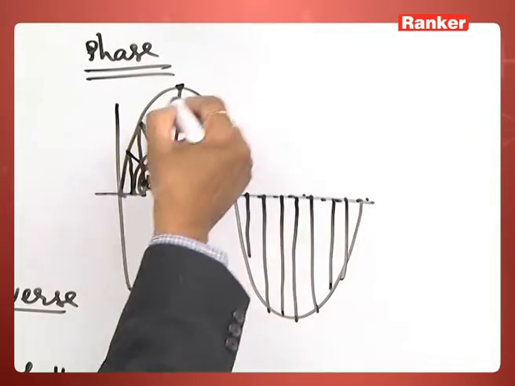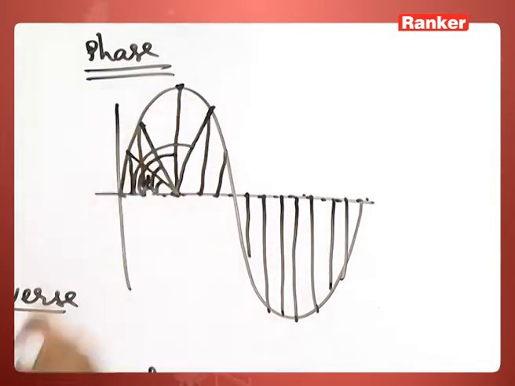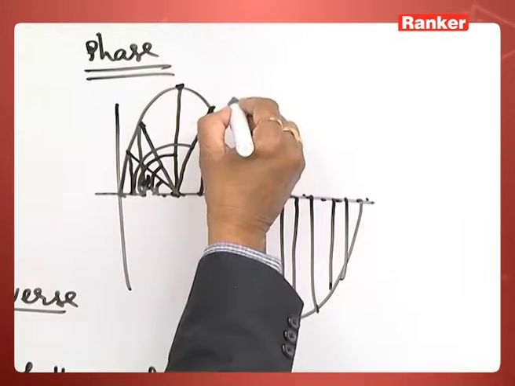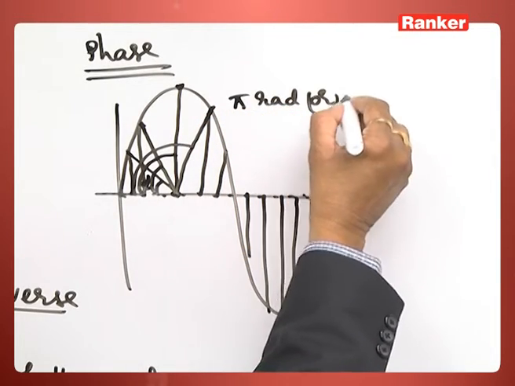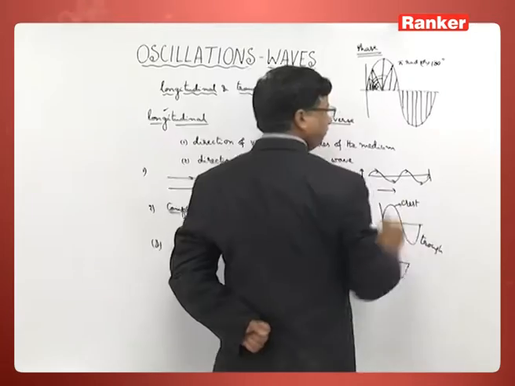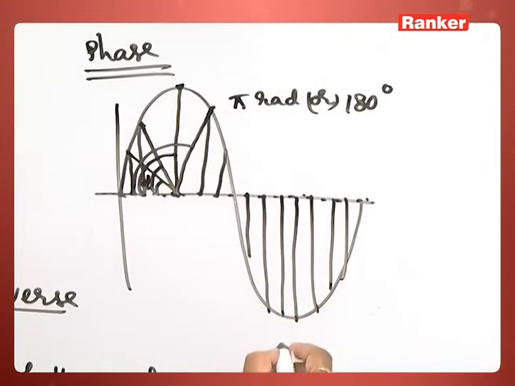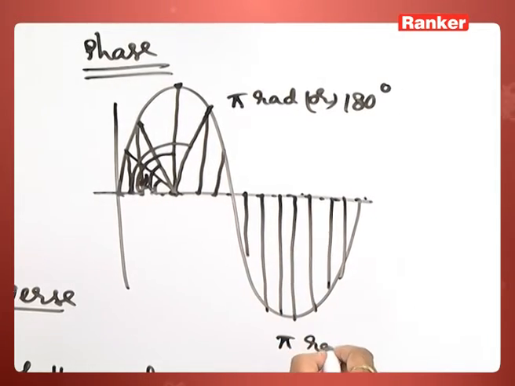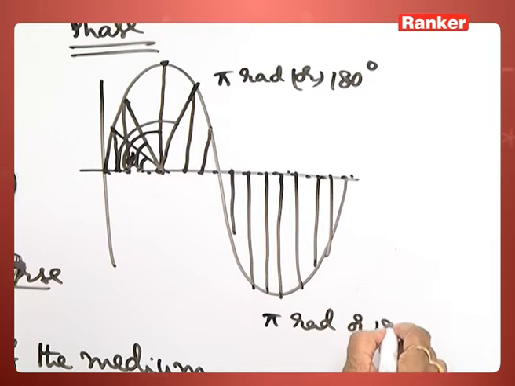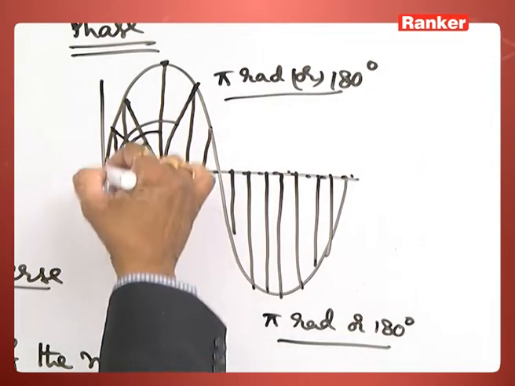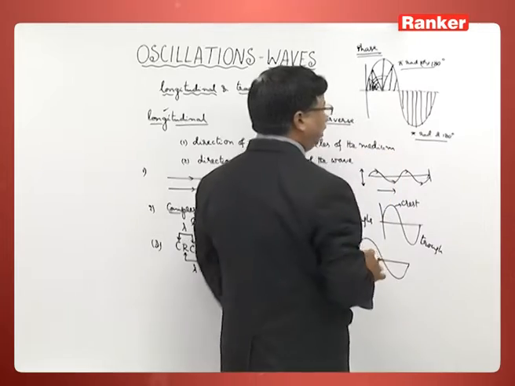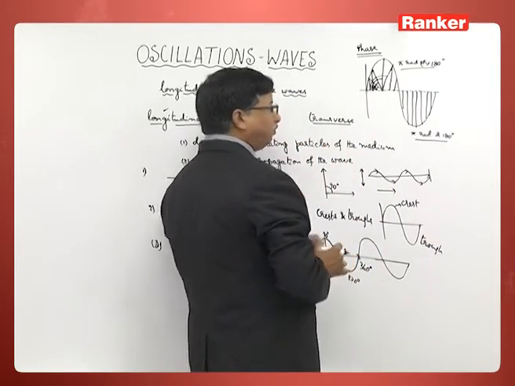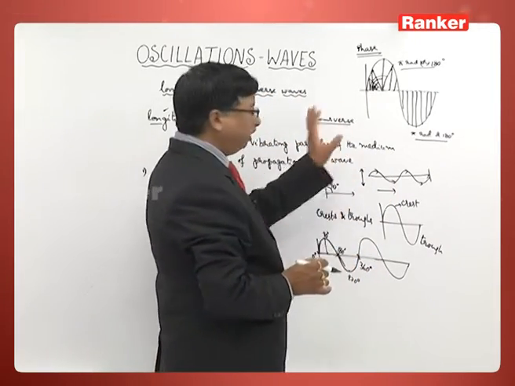Like that, when you consider one crest, you will find the total angle is either pi radian or 180 degrees. In a trough once again, you will find pi radian or 180 degrees. So, what we should understand is that for a complete wave, 2 pi radian will be the total angle. That is what is called the phase in a complete wave.